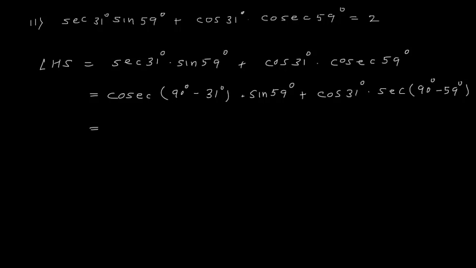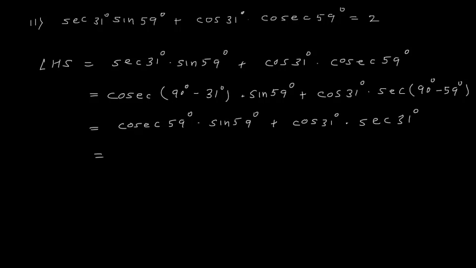Cosec 90 minus 31 is cosec 59 degree, and this is sin 59 degree plus cos 31 degree into this is sec 31 degree.